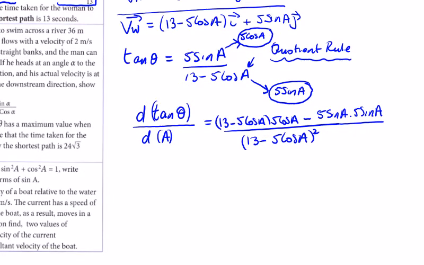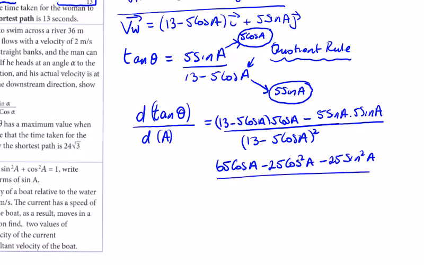So I have 13 by 5 cos alpha is 65 cos alpha, minus 5 cos alpha by 5 cos alpha, 25 cos squared alpha. I also have 25 sine squared alpha.